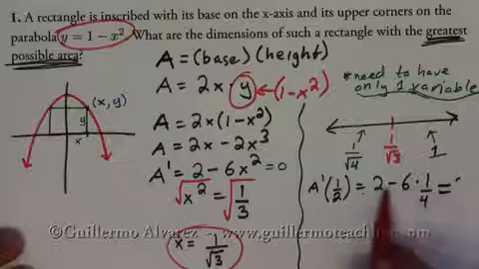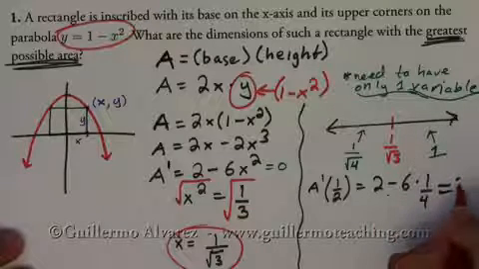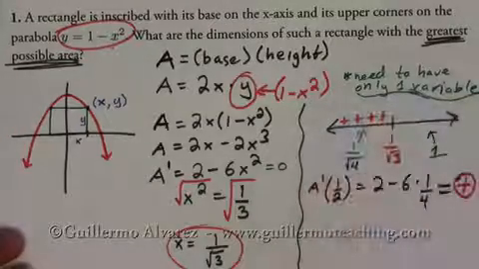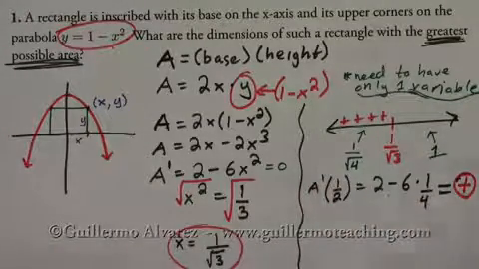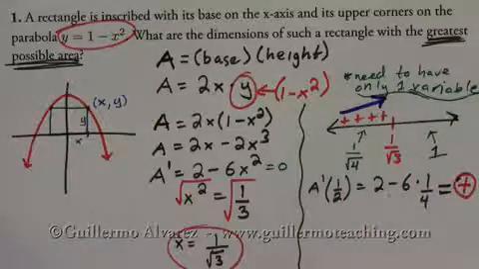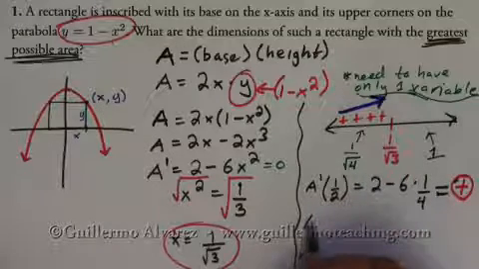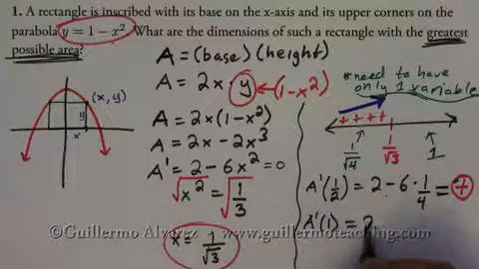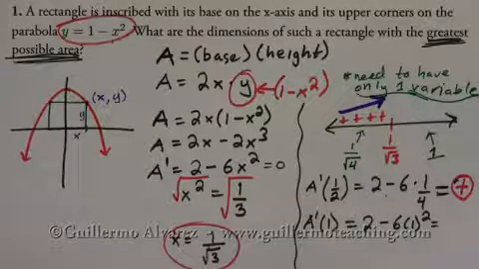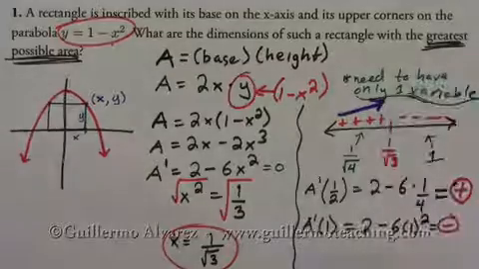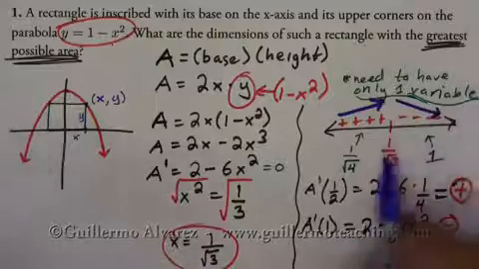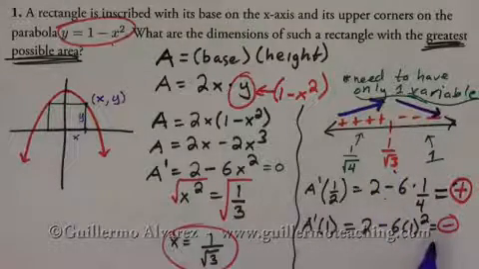That's the same as 2 minus 3/2, which is positive, so my function is increasing, as we would expect. Then if I plug in 1, this is 2 minus 6 times 1 squared, which is negative. That tells me my function is decreasing, which means this is a local maximum.